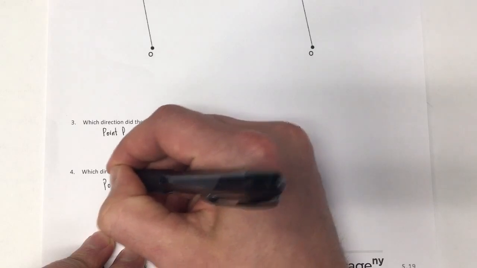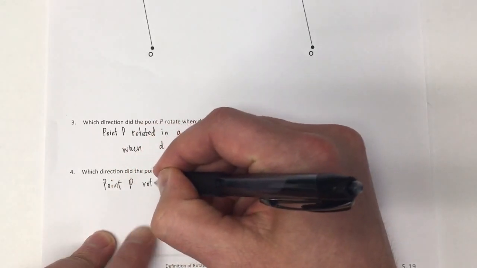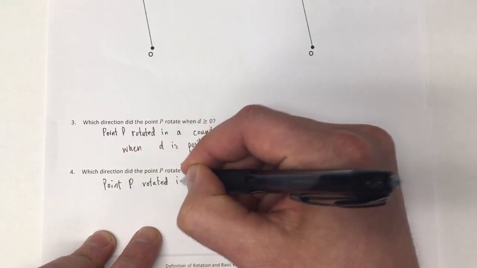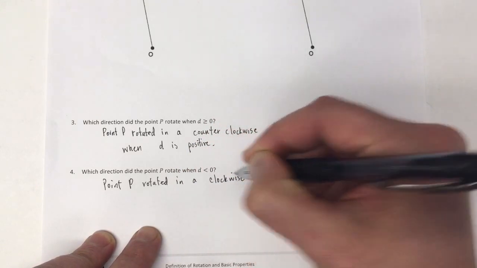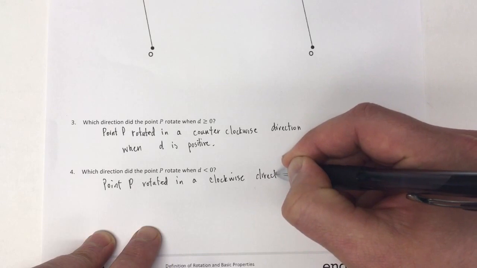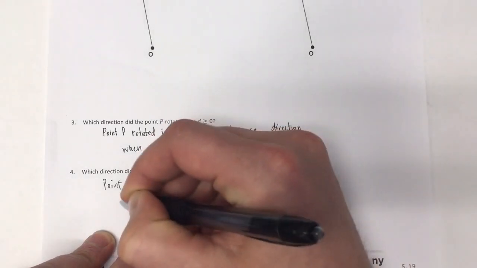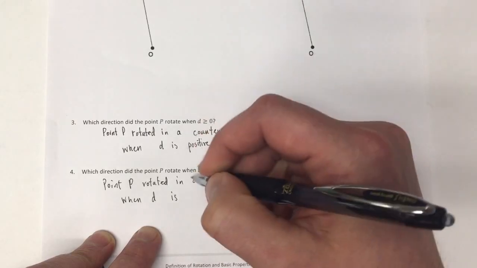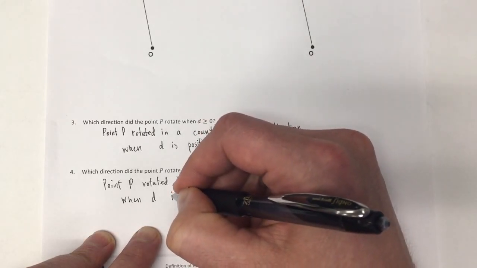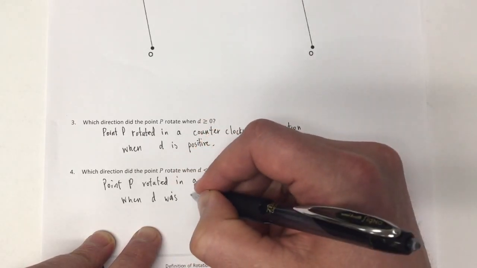Point P rotated in a clockwise direction when D was negative.